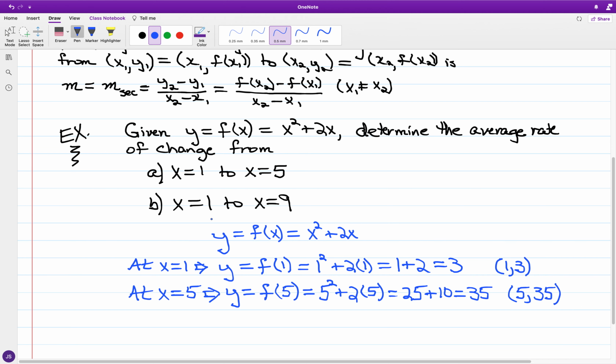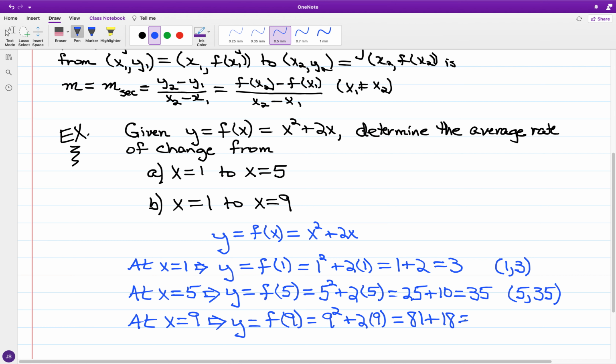And if we go ahead and determine the function value whenever x is equal to 9, so y is equal to f of 9, and then carrying over, I have 9 squared plus 2 times 9. 9 squared, we have 81. 2 times 9 is 18.